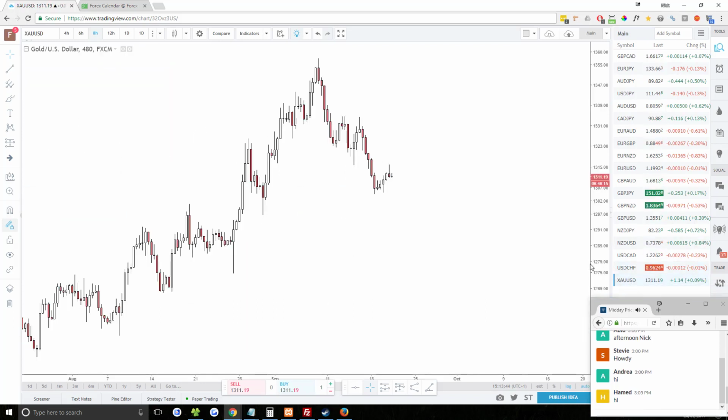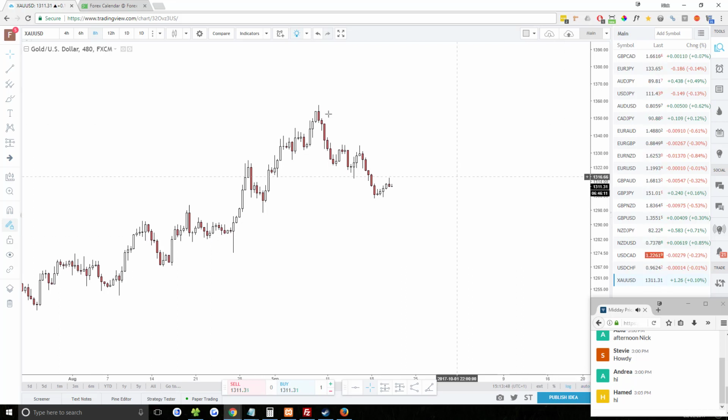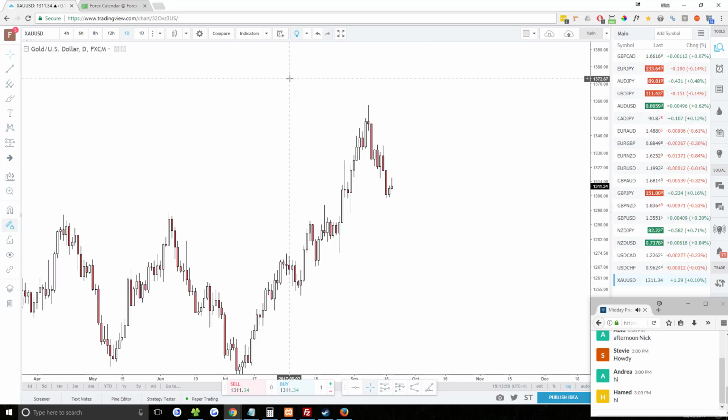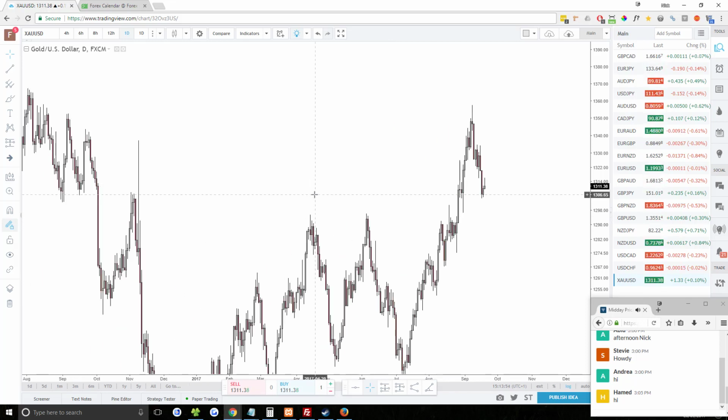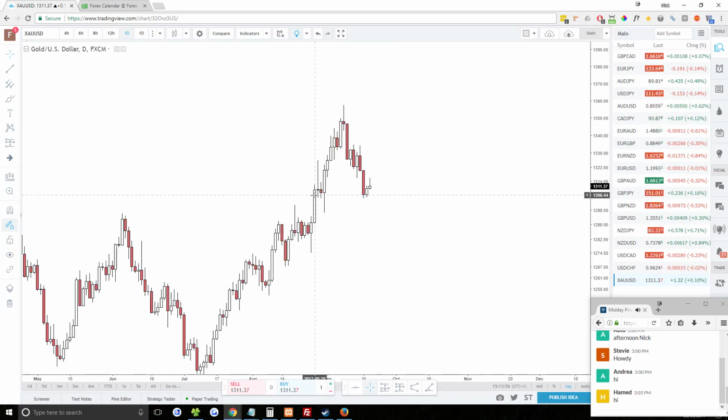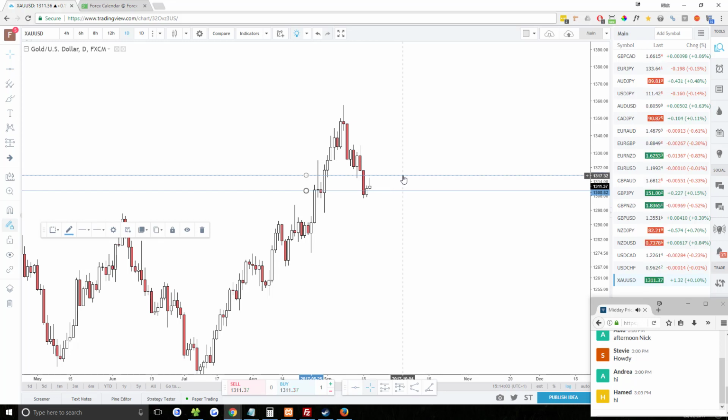Finally, gold USD. Don't have support resistance areas up on this one. Honestly, I just keep forgetting to put them up. Let's throw them up real quick because we are seeing a potential reversal here.